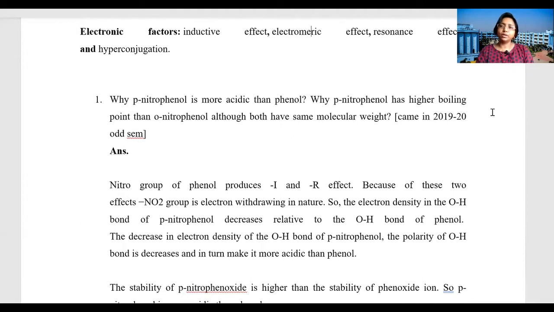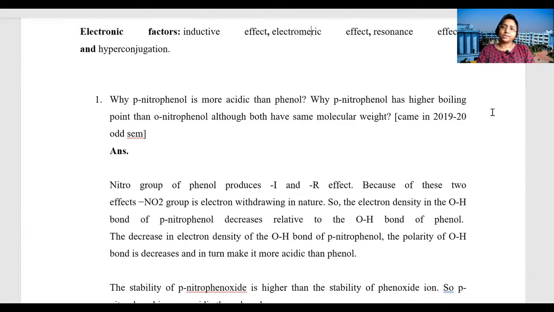So one by one we will solve. The first question is why para-nitrophenol is more acidic than phenol. The electronic effects you have learned, like resonance or inductive effect, tell about the stability of a compound, or its basic or acidic part.